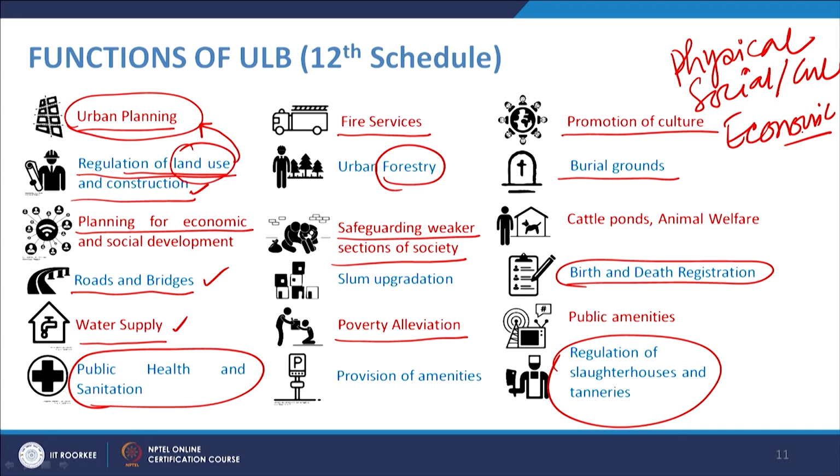For example, urban planning is basically physical, social and economic. Regulation of land use is a physical development objective. Roads and bridges are a physical development objective. Similarly, water supply, public health, fire service, urban forestry and slum upgradation are all physical development activities.